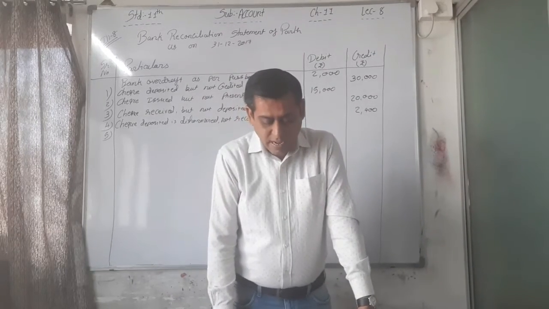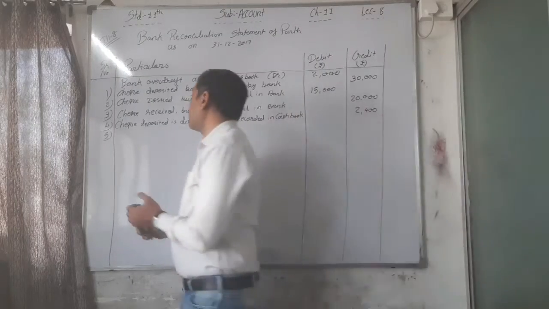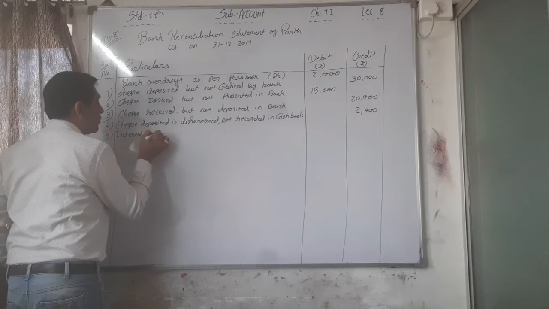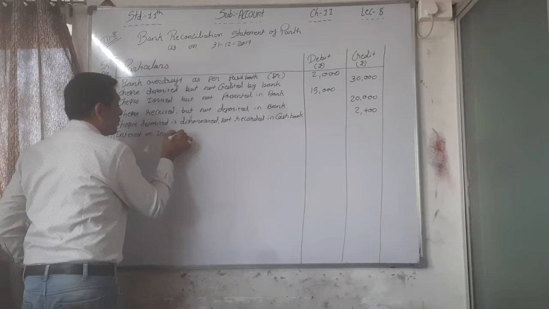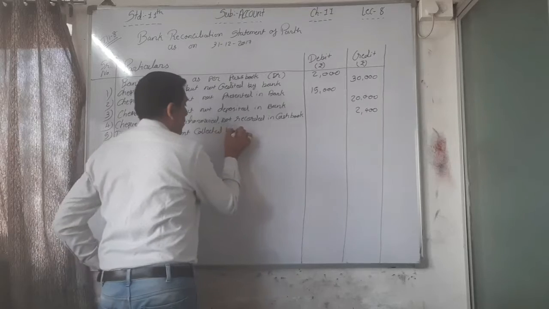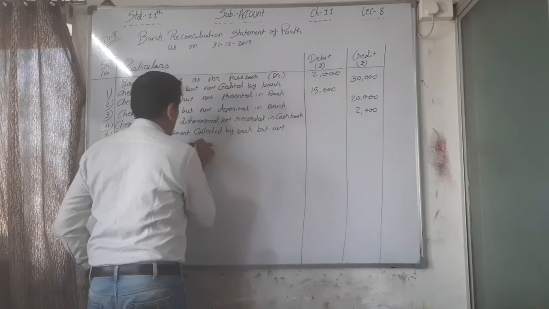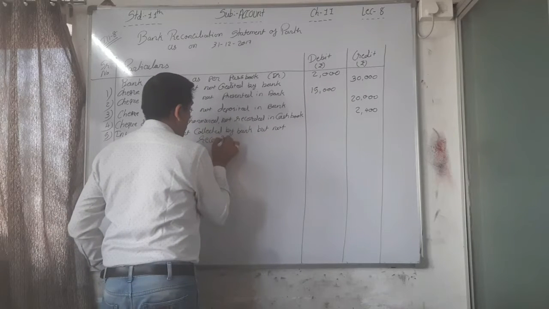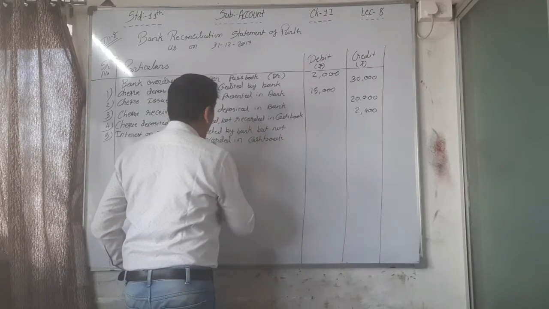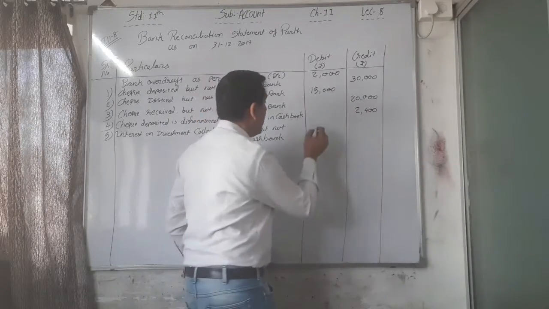Interest on investment collected by the bank but not recorded in cash book. Bank always credits, that's why we have to debit it. The amount on the fifth point is 700.